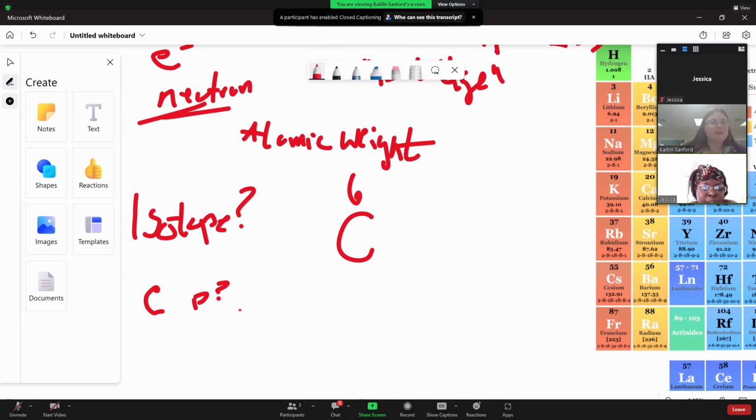Is that 6 too? How many protons? That's a P. Sorry, I'm writing with my mouse. So would that be 6? Yeah. Okay. You know that carbon always has 6 protons.